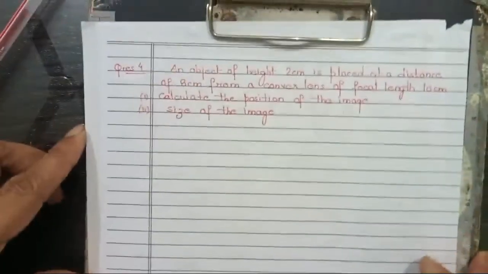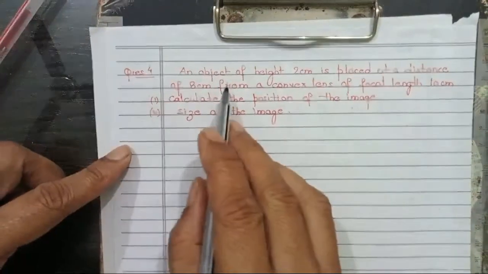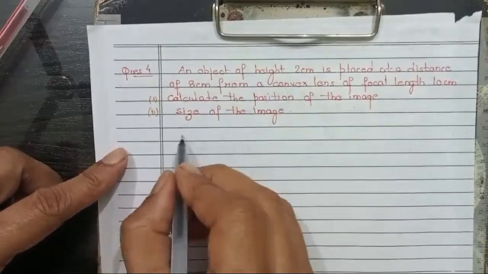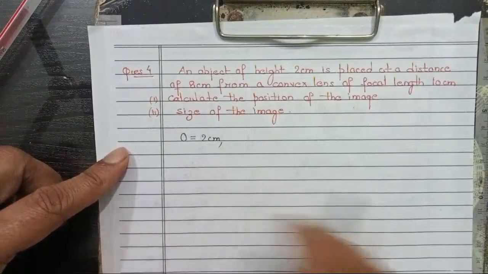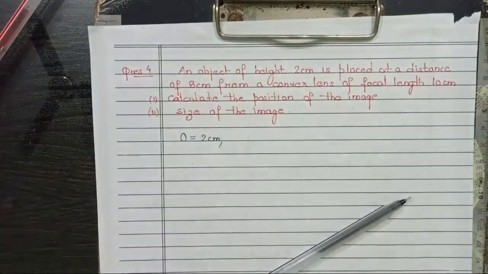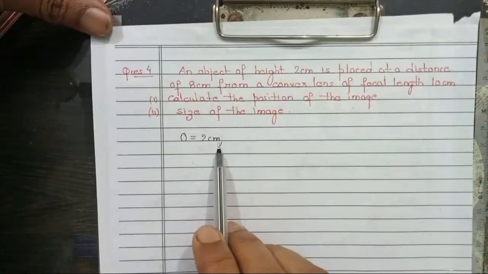Now moving on to the next question. In the next question we have an object of height 2 centimeter. So object height is given 2 centimeter. Just read the question here. So here object height is 2 centimeter.